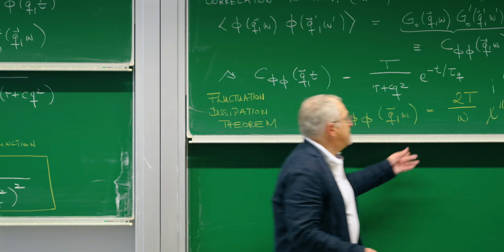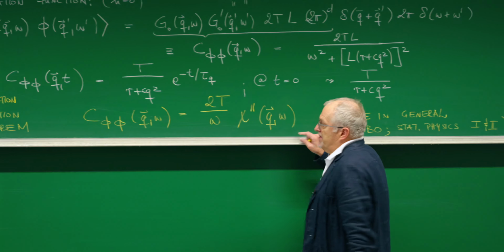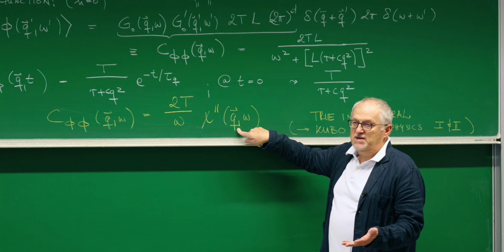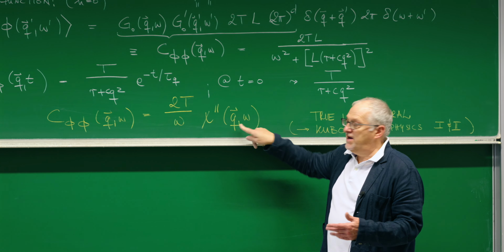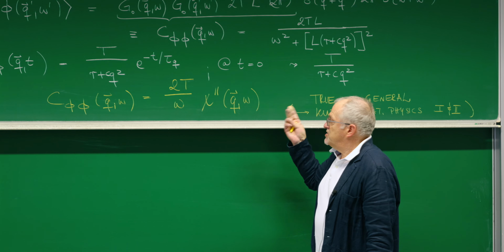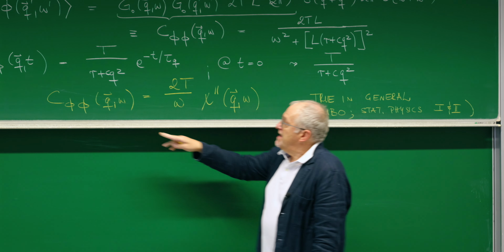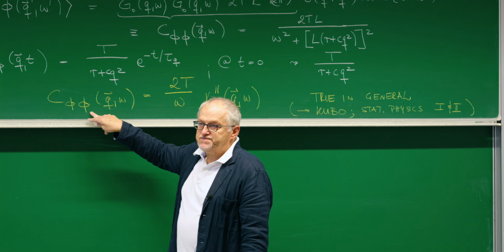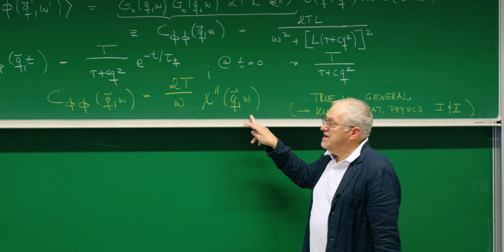And the way you typically see this in measurements is you measure the response function, which you can do by certain methods in a magnetic system, by some spin resonance experiments. And you can measure the correlation function by doing neutron scattering. And then you compare the two.